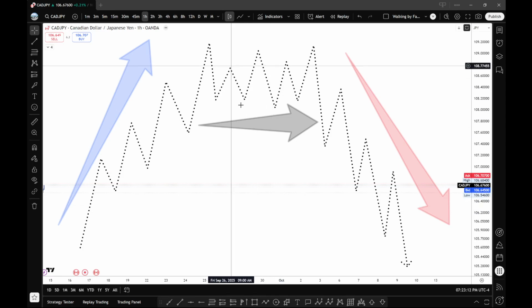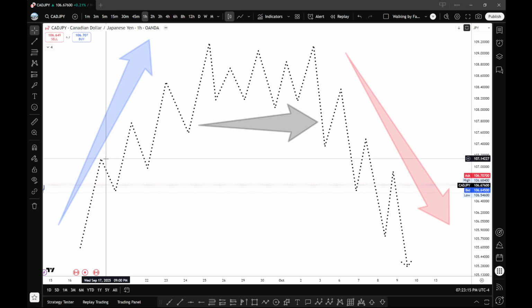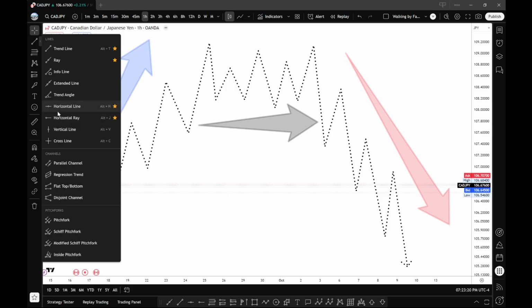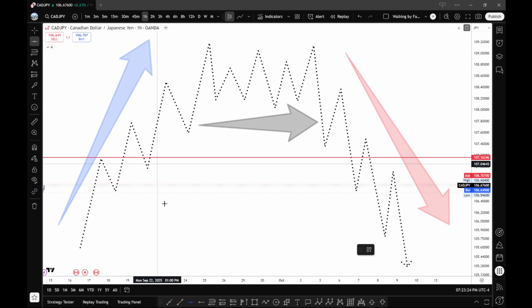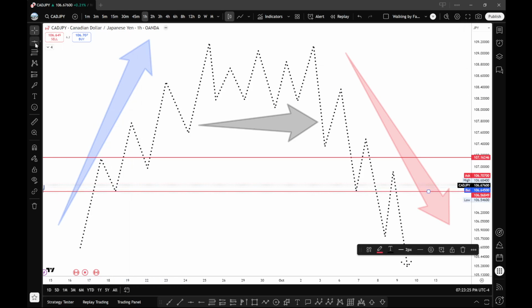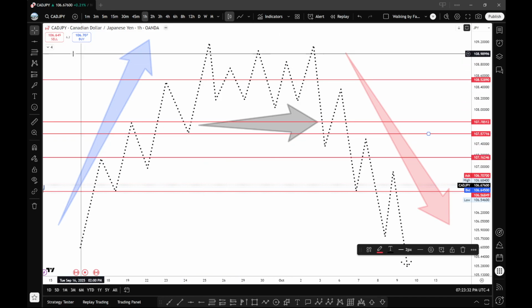At the end of the day, we have different areas, different zones, which are also part of market structure. We have our support and resistance creating structure, you know. Boom. All this is market structure.